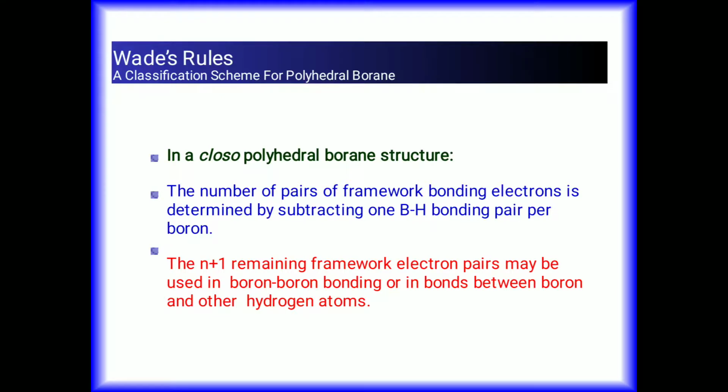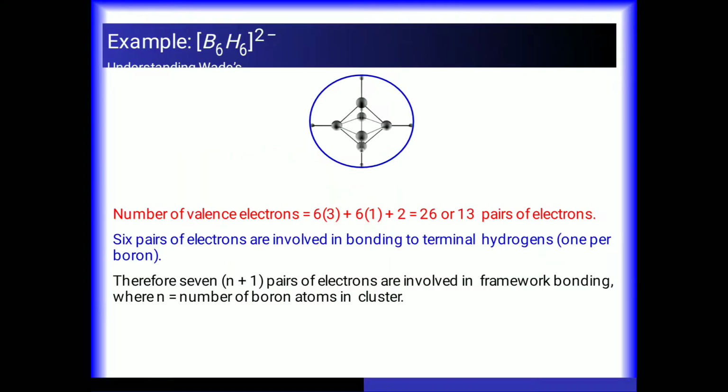The number of pairs of framework bonding electrons is determined by subtracting one boron-hydrogen bonding pair per boron. The n plus 1 remaining framework electron pairs may be used in boron-boron bonding or in bonds between boron and other hydrogen atoms. That is another example, B6H6 2 minus.